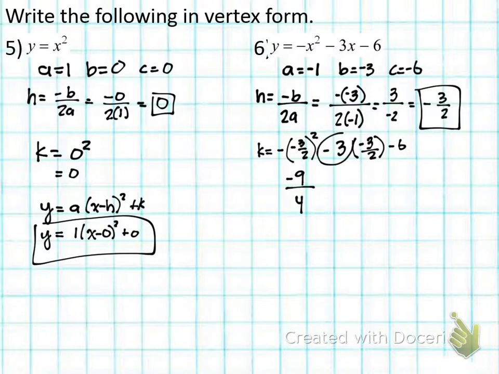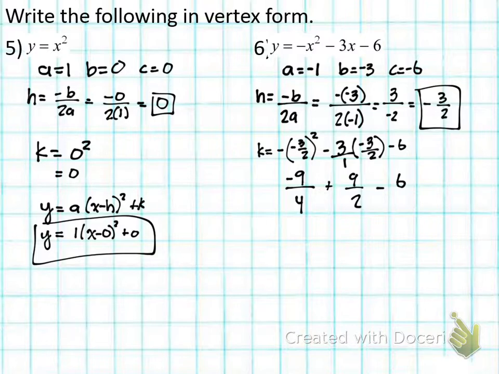Next one. Negative 3. How do I make negative 3 a fraction so I can work this out? Okay, so what's negative 3 times negative 3? Positive 9. What's positive 1 times positive 2? Times 2, right? All minus 6, okay?